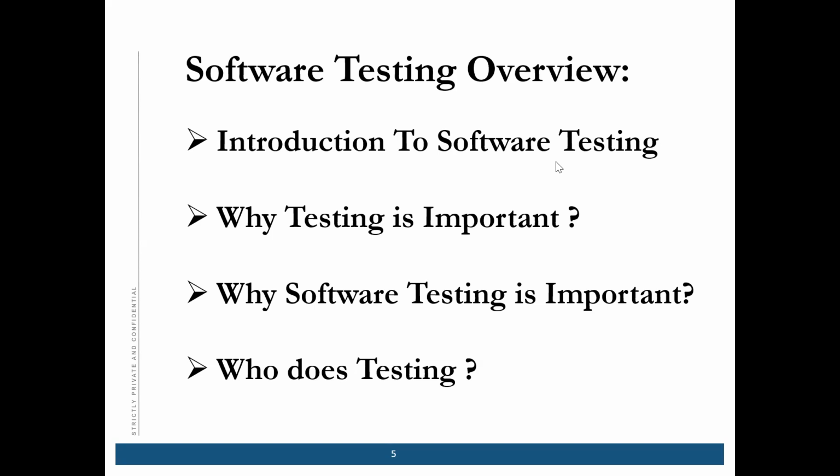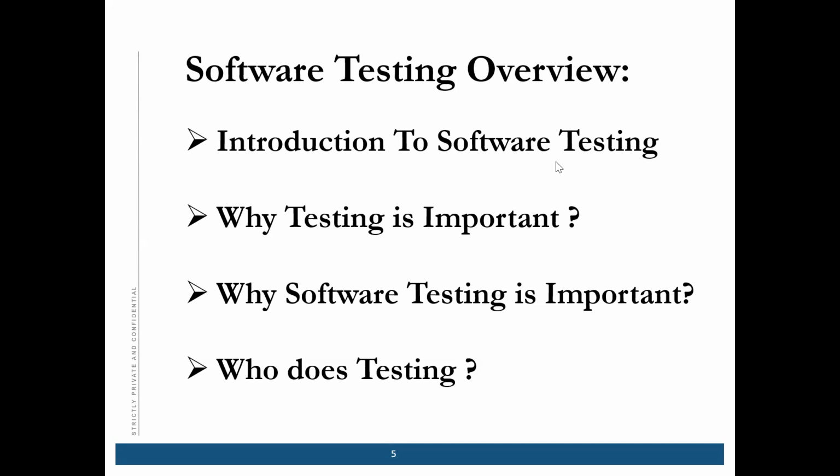Why? Because the client wants a good quality product, and as a software tester, our main aim should be to deliver a good quality product. So if someone asks you what is the use of software testing, it is for a tester to find the defects and to give a good quality product to the customer.